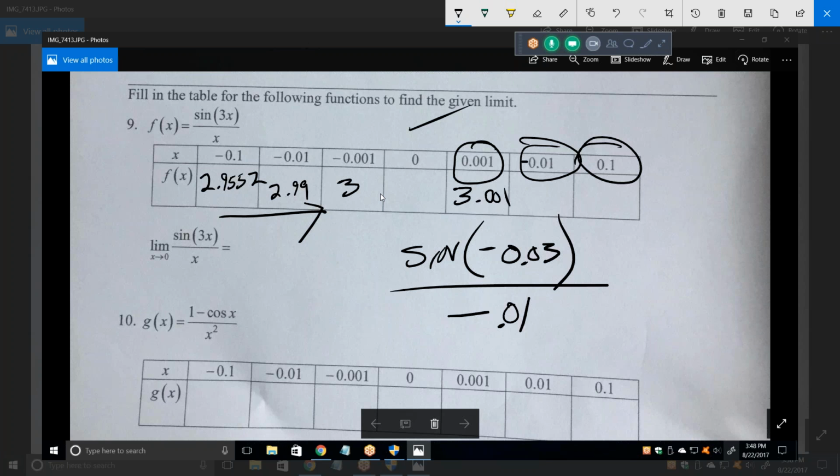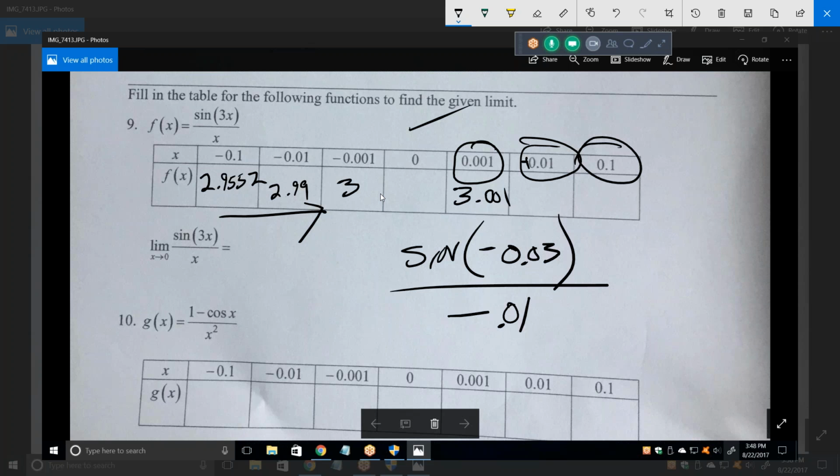Okay, now do this next one. What's 0.01? There's a purpose to their madness here. 0.01, not negative 0.01, but positive 0.01.